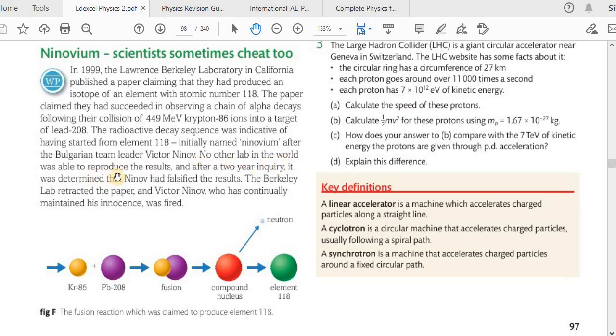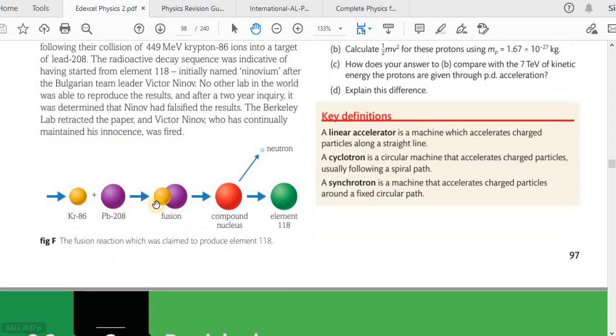No other lab in the world was able to reproduce the results, and after a 2-year inquiry, it was determined that Ninov had falsified the results. The Berkeley lab retracted the paper, and Viktor Ninov, who has continually maintained his innocence, was fired. Okay, so that's not a real particle, but he came up with something like that. Anyway, there was nothing like this, they're saying.